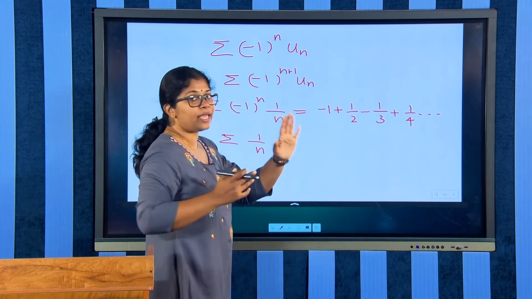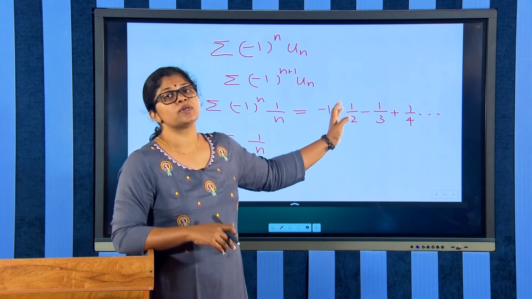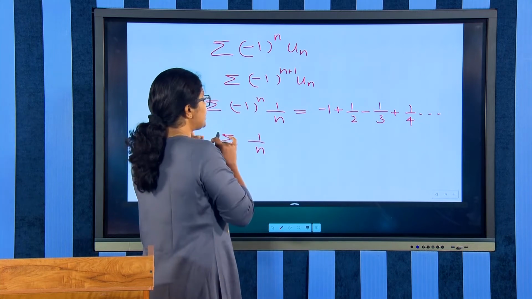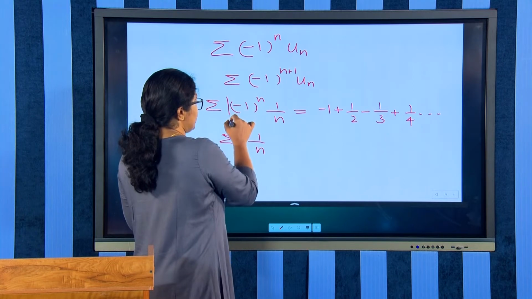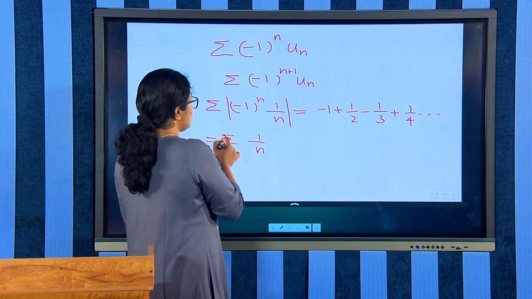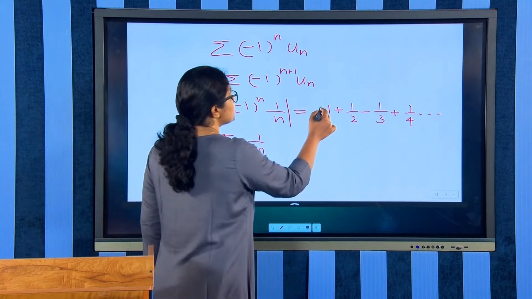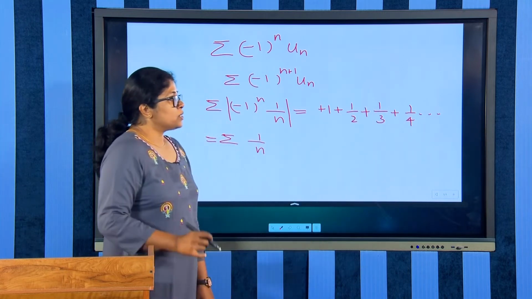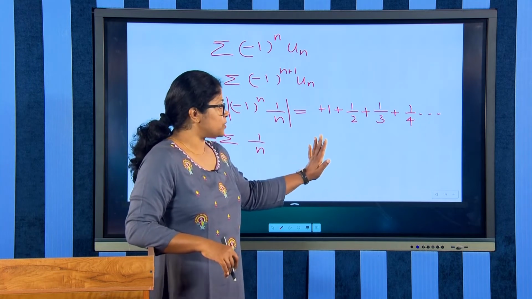So, un we took as a positive quantity, and so un was equal to 1 upon n. But when you take the absolute values of this, we get summation 1 upon n, because when you take the absolute values, all these become positive. So, that we have to keep in mind while learning absolute convergence.